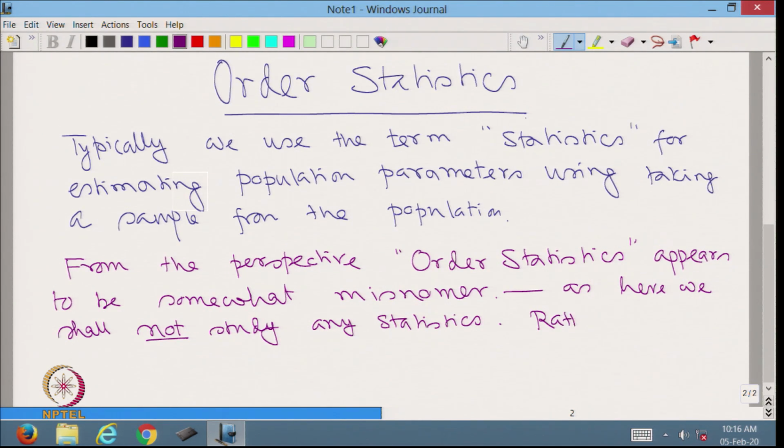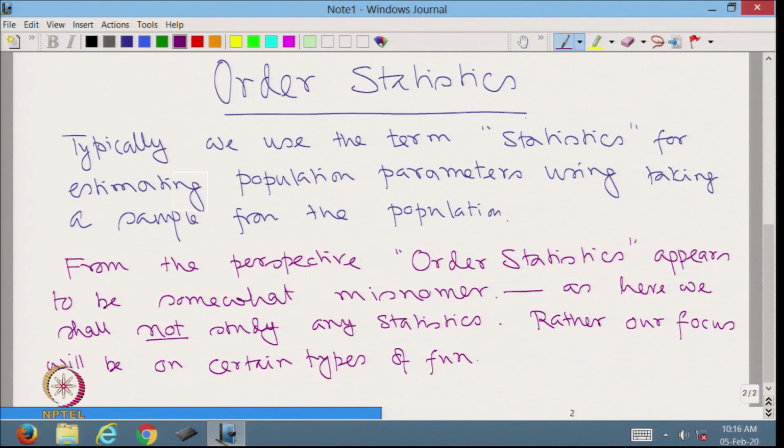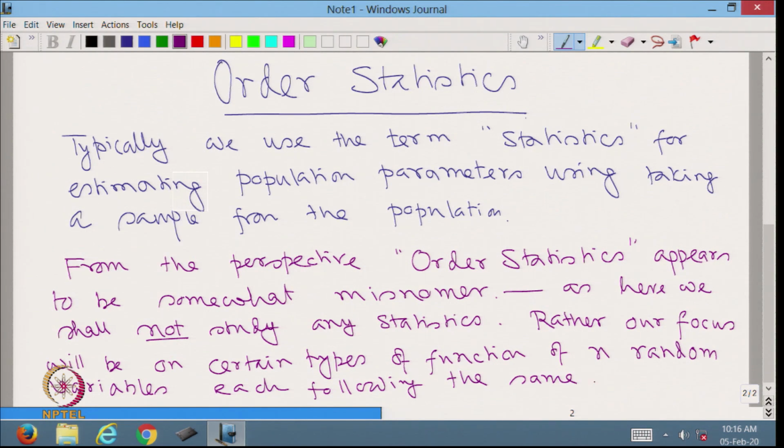Rather, our focus will be on certain types of functions of n random variables, each following the same distribution.